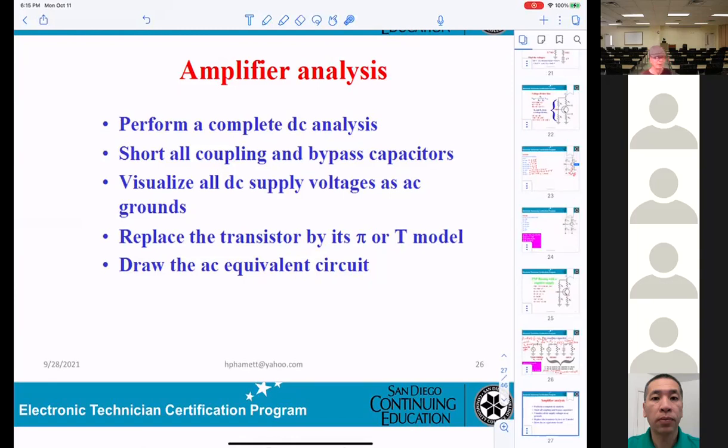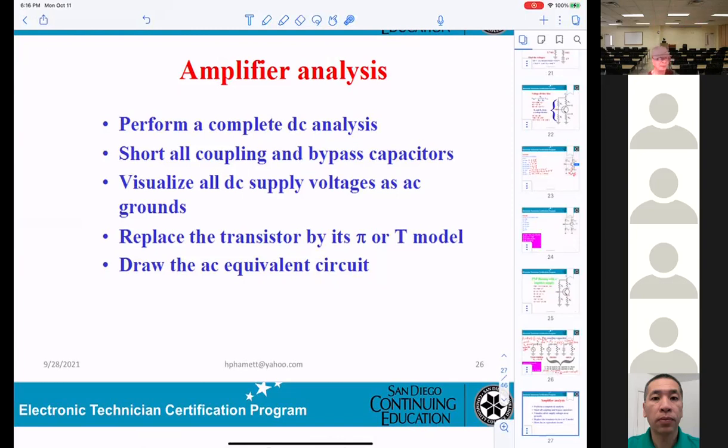Replace the transistor by the pi or T model. They have a different model representing the transistor in the AC circuitry. And draw the AC equivalent circuitry. So basically that's normal for engineering, okay?